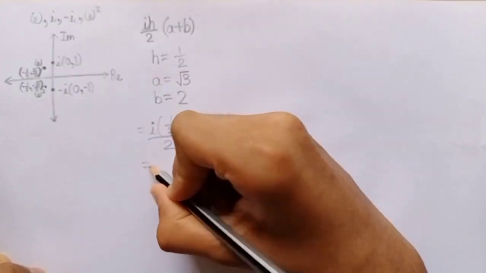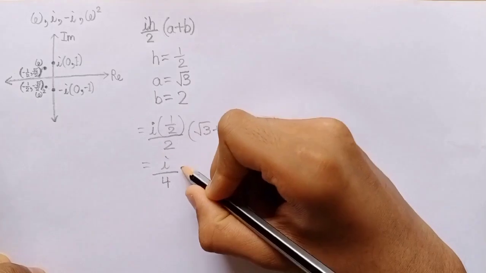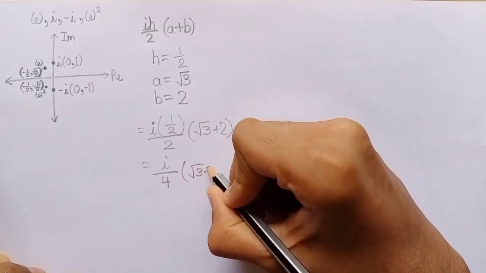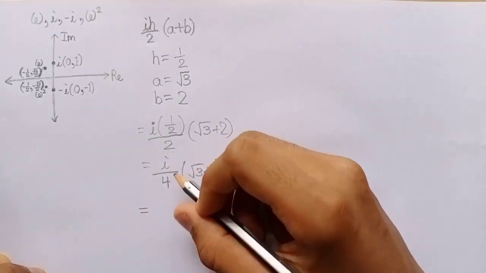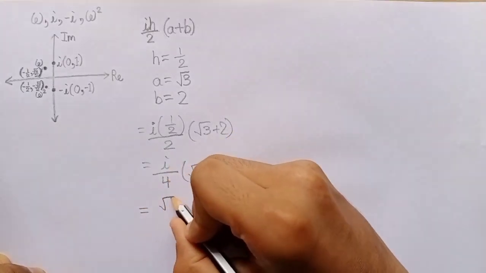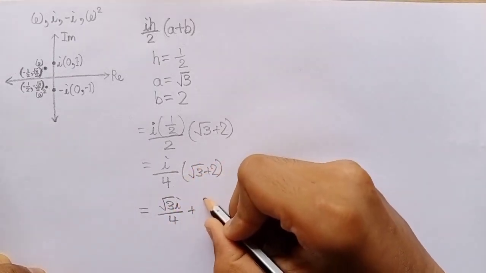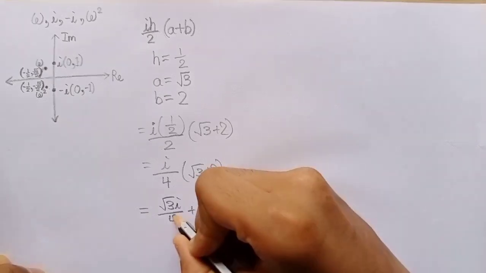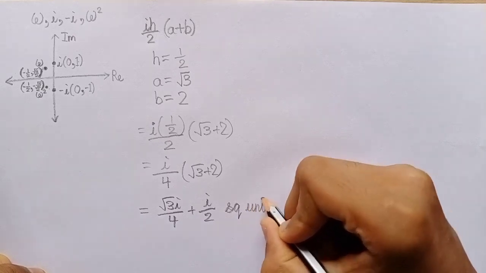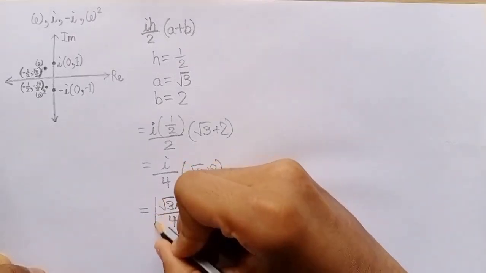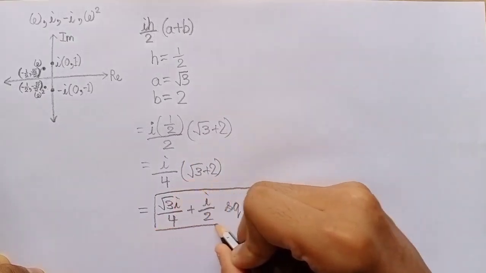So now we have i by 4 into root 3 plus 2, which, using the distributive property, gives us root 3 i by 4 plus i by 2 square units. So this is the area of the quadrilateral we had.